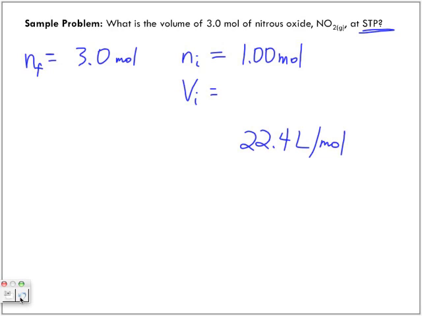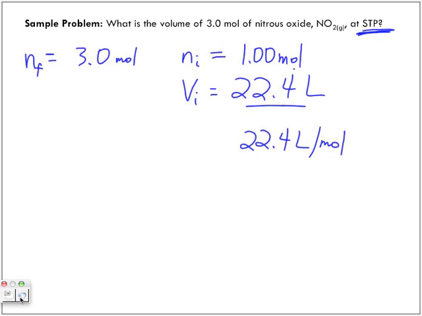So what is the volume at STP? 22.4 liters, right? Because if we divide that, 22.4 liters divided by 1 mole, we're going to get the molar volume at STP.